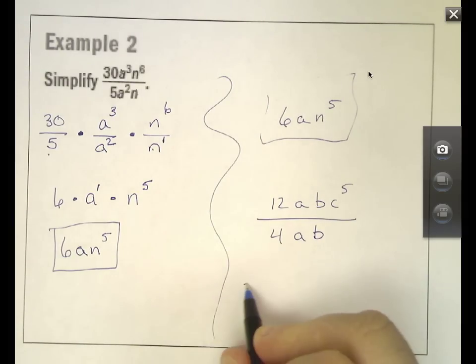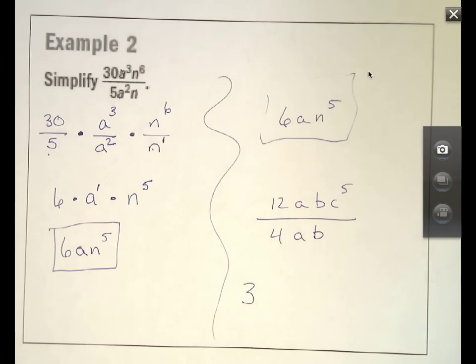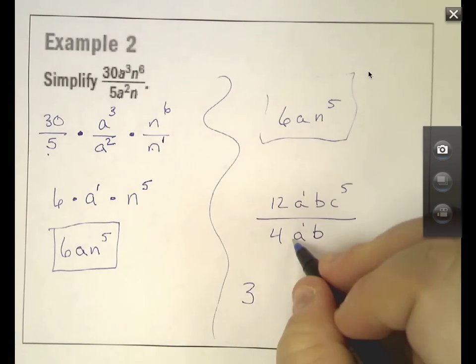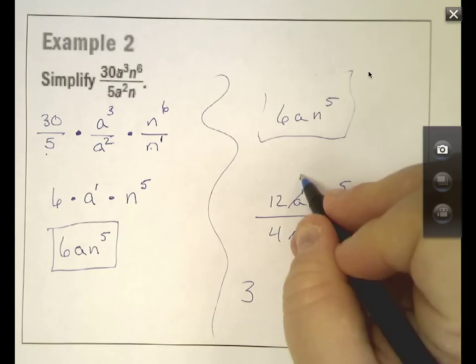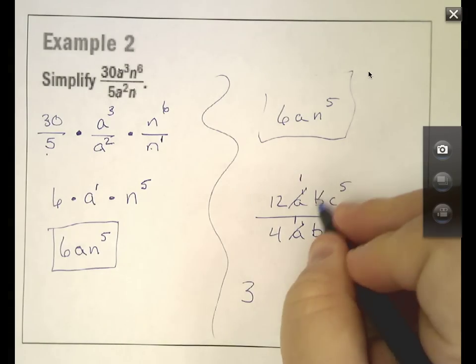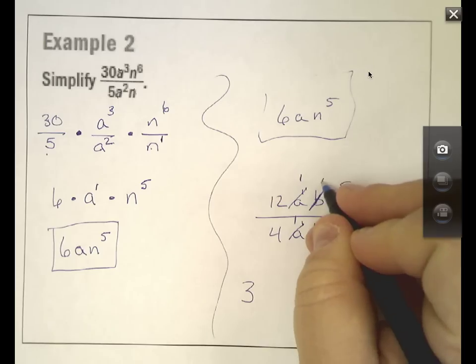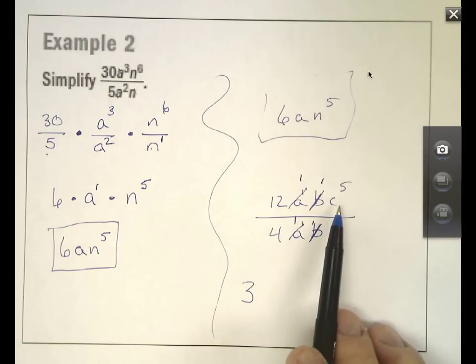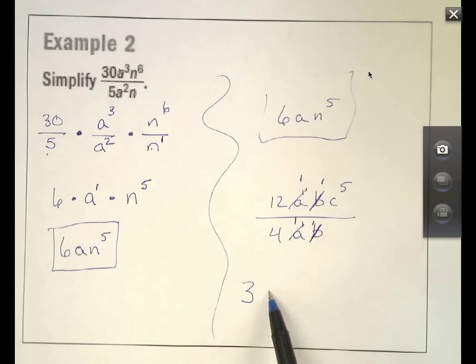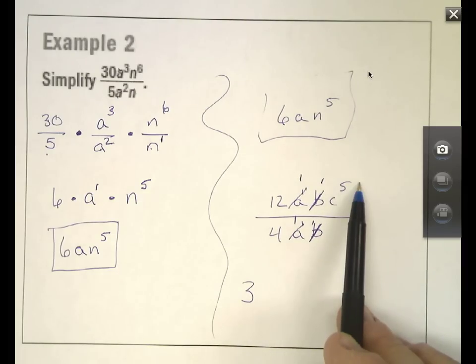Okay? By looking at this, what you should be saying to yourself is, can I take 12 divided by 4? Yes, it's 3. What happens to my a's in this case? Well, a to the first divided by a to the first, those are just gone to 1, multiplying by 1. What about these b's? Same thing. They're gone.